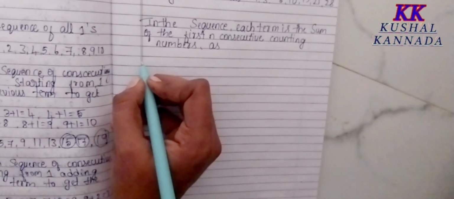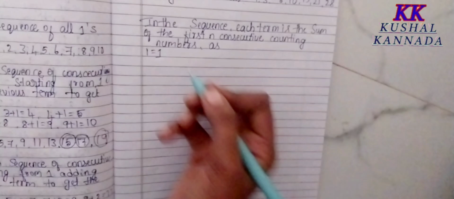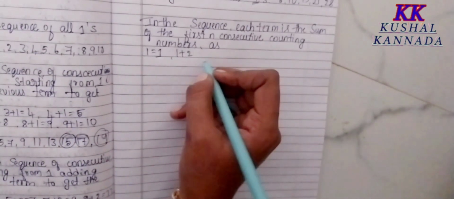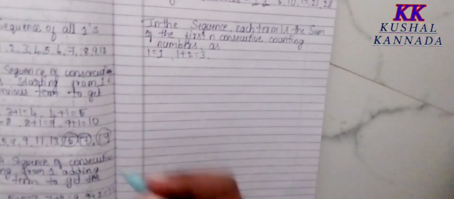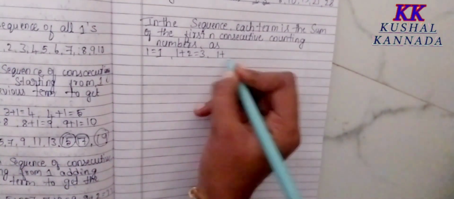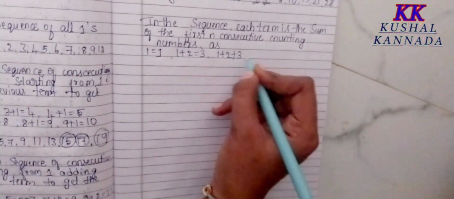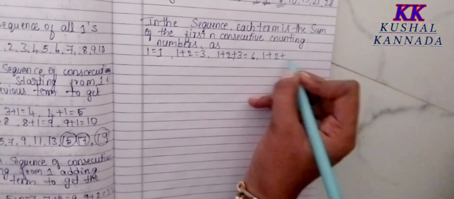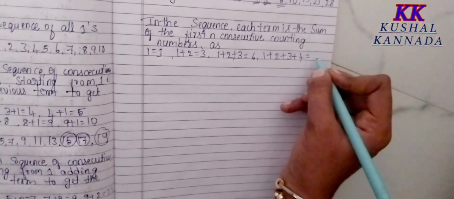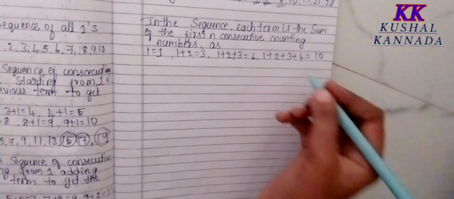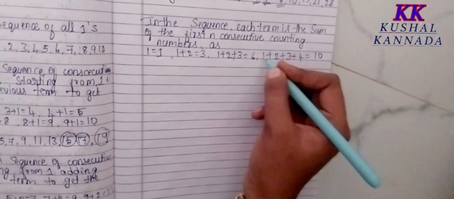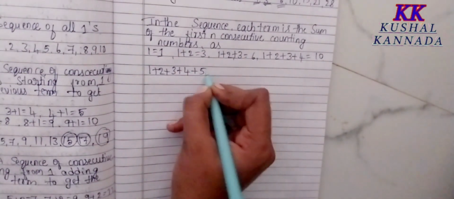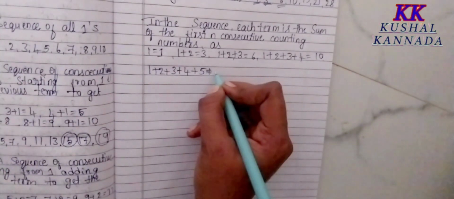As 1 is equal to 1, next number 1 plus 2 is equal to 3, 1 plus 2 plus 3 is equal to 6. 1 plus 2 plus 3 plus 4 is equal to 10. 1 plus 2 plus 3 plus 4 plus 5 is equal to 15.